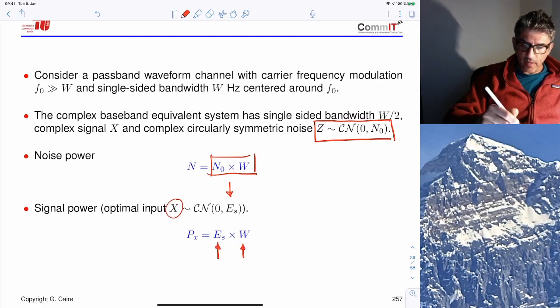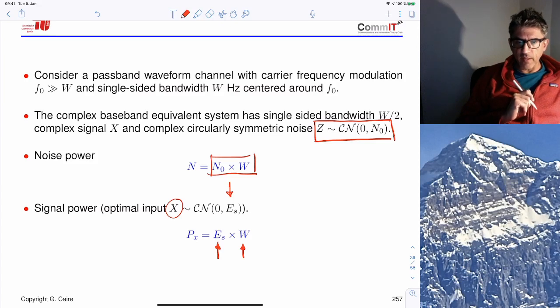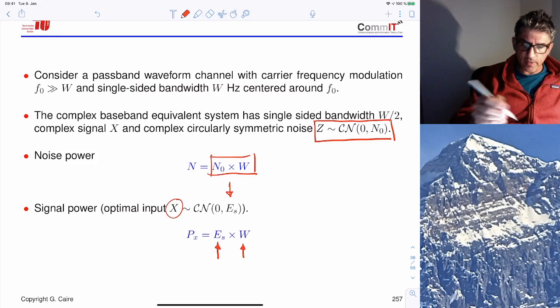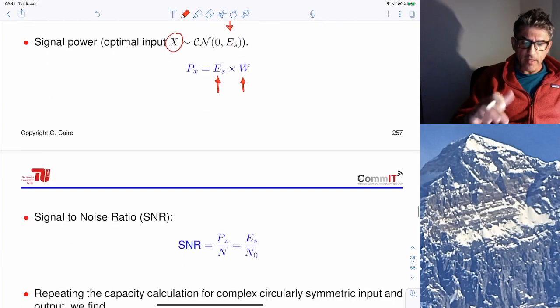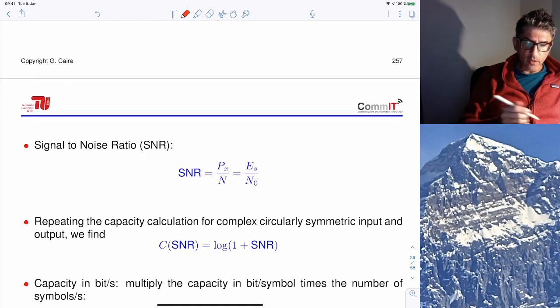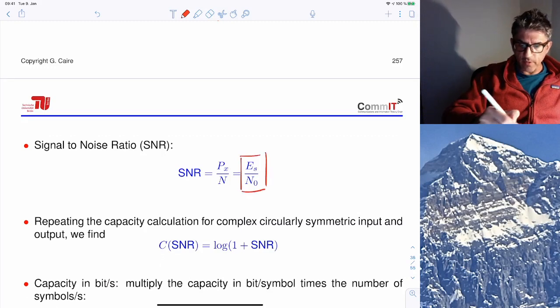We transmit a complex symbol every 1/W seconds. So in total, the power is ES times W. And so again, the signal to noise ratio in the complex channel model, which is again power of the signal divided by power of the noise, is given by ES over N0.